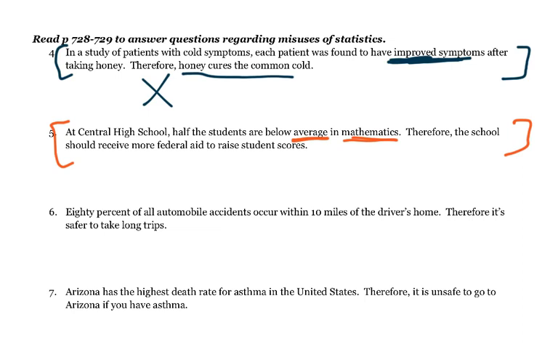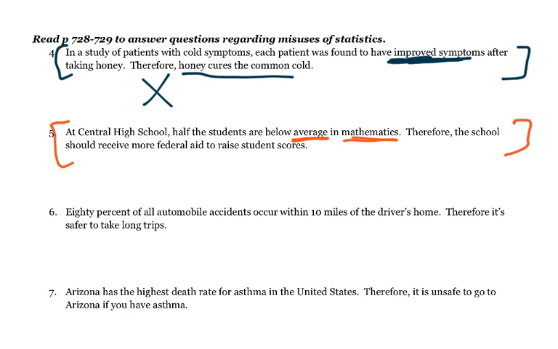Maybe they're below the national average, but they might be above the state average. Or maybe they're below the state average, but they're higher than every other school in their city. So it's kind of like it's all relative and we need to have all the information. Also, how is the average calculated? We're going to have four different types of averages that we're going to look at. So we need to know how the average is calculated.